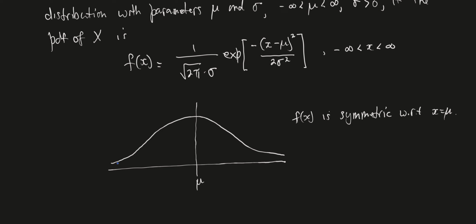Basically, this area here will be 0.5, and this area here will be 0.5. And what does that mean about the mean? Well, it means the mean is also your median, or your 50th percentile.